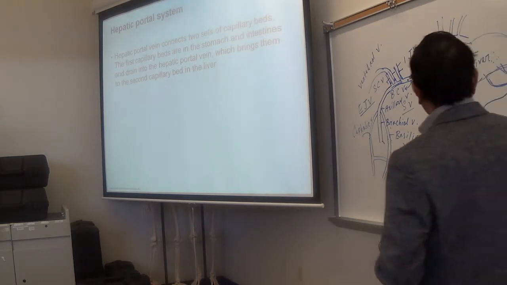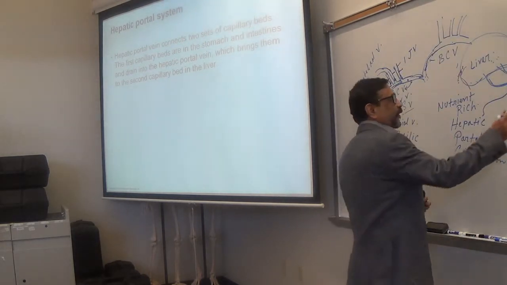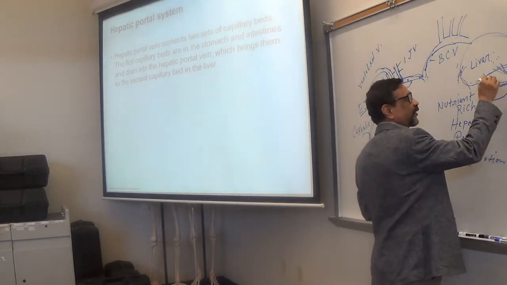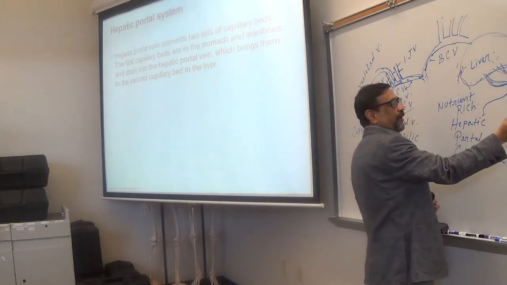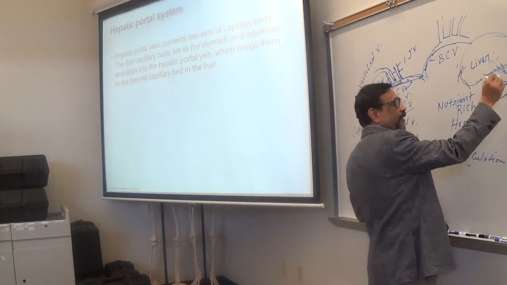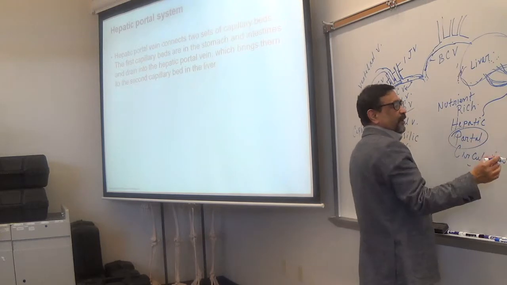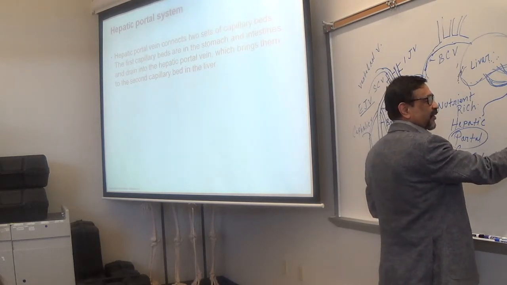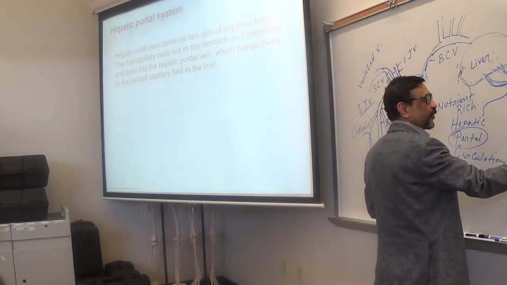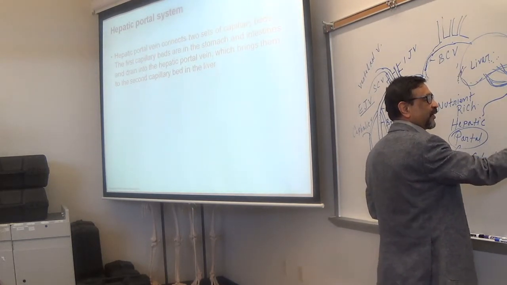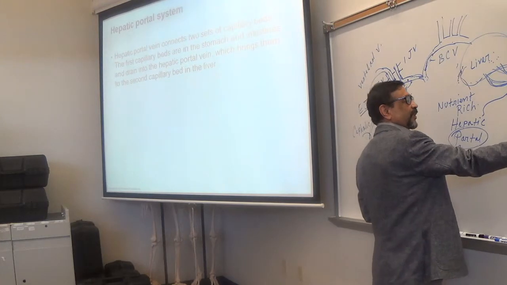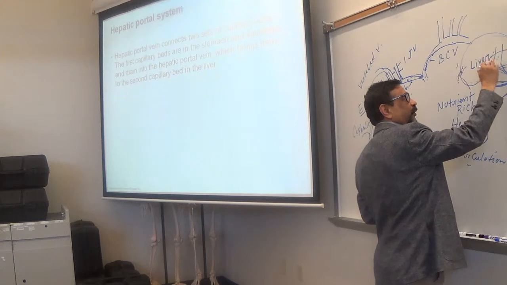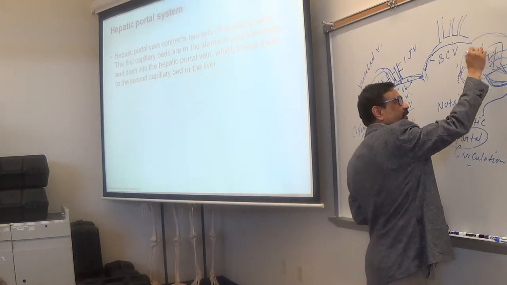So why is it one vein finally? One large vein here. Now, why is it called portal? In your body you have two sets of capillaries. In your GI tract you have capillaries, and from these capillaries blood goes to the hepatic portal vein, and in your liver you also have capillary beds.